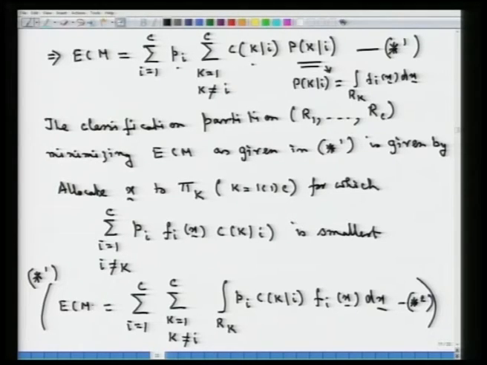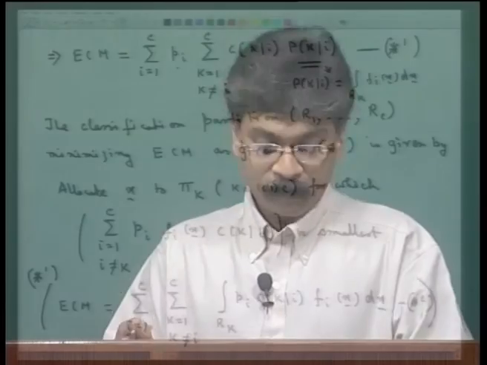Now, if we are looking at the rule, the partition R_1, R_2, ..., R_c of the sample space, which would lead us to minimizing this particular expression, we will look at choosing that particular region R_k such that this term here is the smallest among all possible k's, and hence this is what is leading us to the region R_k.